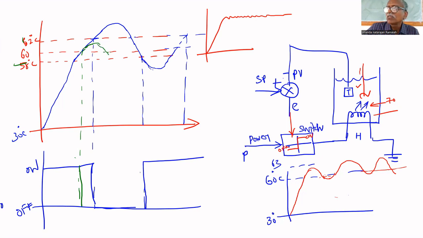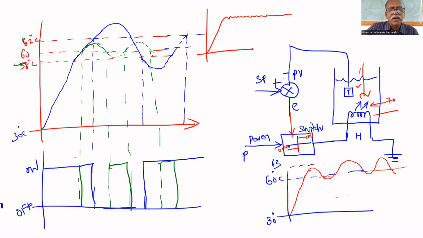When it falls below 60, again it will be turned on here. The blue line is with the differential gap; now we are talking about without differential gap. Now it goes like this, and at this point again it will be turned off. Again it goes up and falls below 60 degrees, and again it will be turned on.